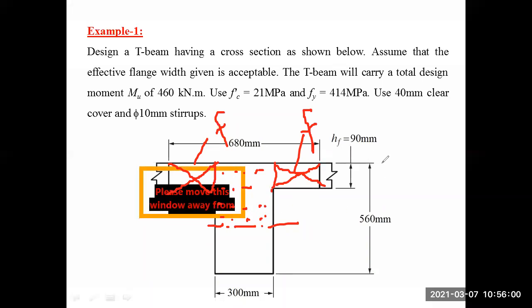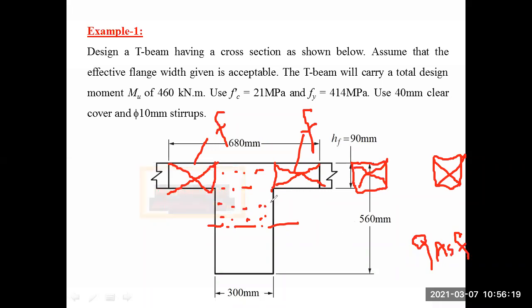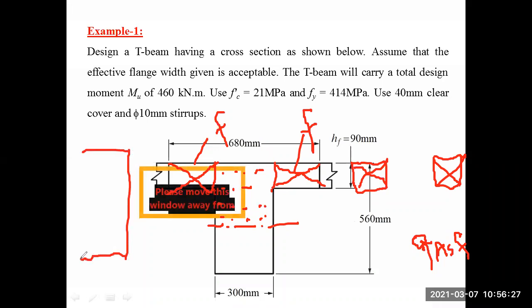So this time you're going to get two parts like this, and then you cross them, and you get an AS, and you call it AS flange. And then on the other side, this is what is left of the beam.